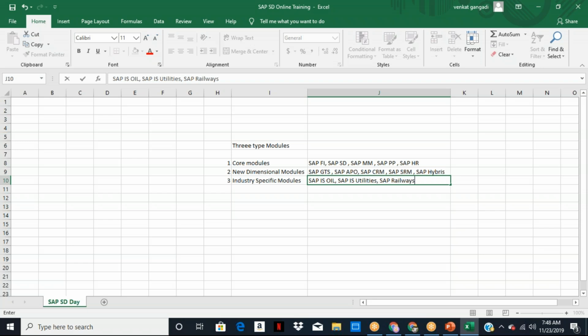The SAP SD module is intended to take care of the complete sales process of an organization.